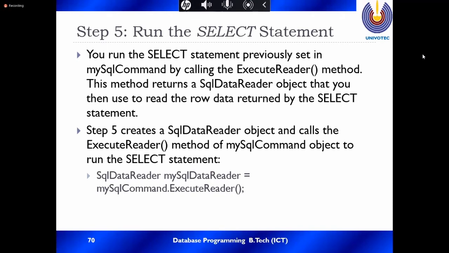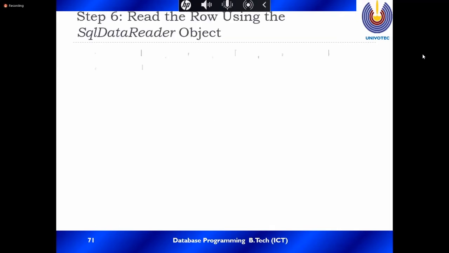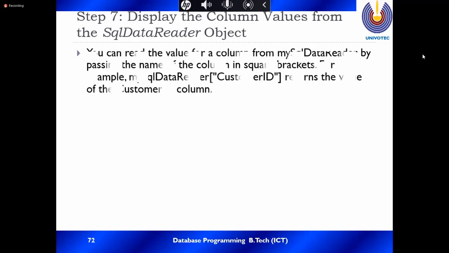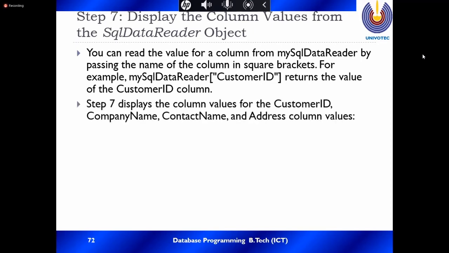After the connection, you can execute the reader, then read the record, mySqlDataReader.Read. Using the read, get the value of the column from the mySqlDataReader by passing the name of the column in square brackets. Okay, mySqlDataReader custom ID returns the value of the custom ID column.